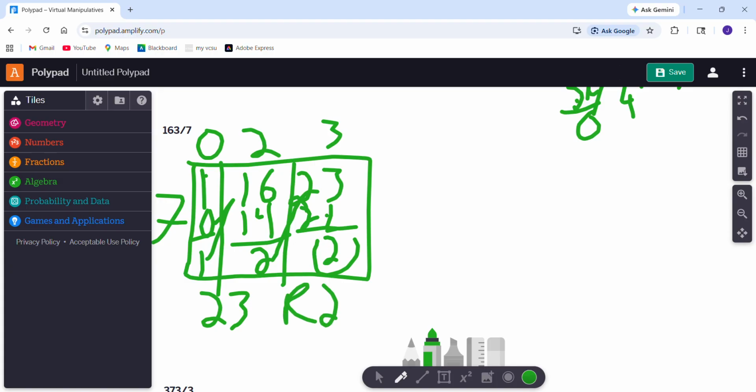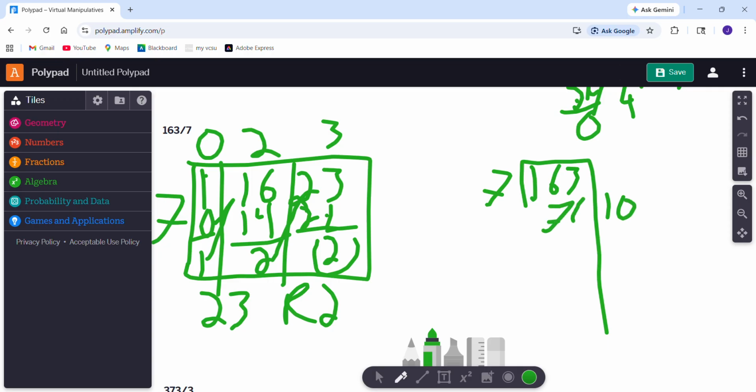Partial quotients. 163 goes into the thing, and you've got 7. Now let's just go 7 times 10. That is 70. So 163 minus 70 is going to be 93.